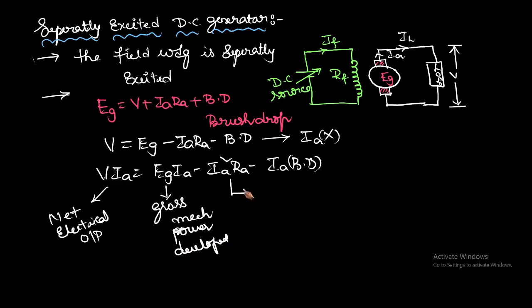Next, Ia square Ra is called the copper losses, and this is the brush losses. So these are the different terms which we are going to use in the case of separately excited DC generators. Next we will see the meaning of self-excited DC generator.